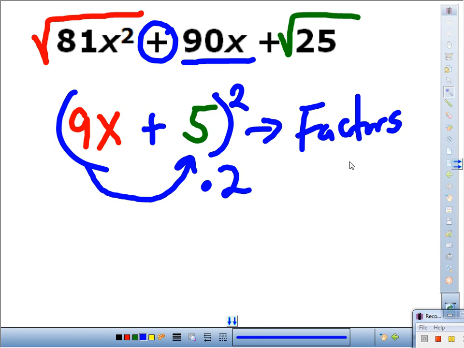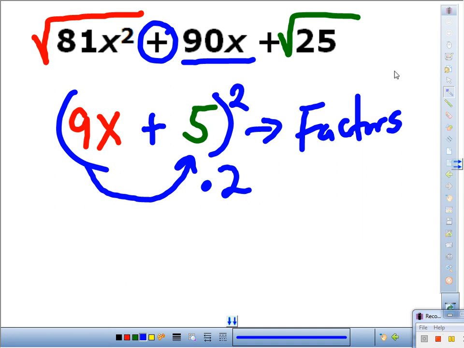Now, some of you are like, wait, Mr. Q, so I don't have to use the Power Rangers? Well, if you don't understand this, then yes, you will. If you don't know how to do this pattern or this algorithm, then guess what? We do it the old way. What's the old way? 81 times 25 goes on top, 90 goes on the bottom.